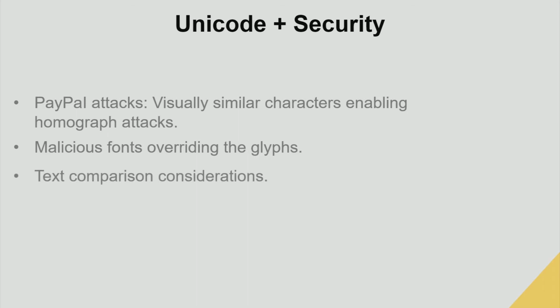And when you compare text, just make sure, because A looks like A, it's not the same A. So when you compare these strings, they probably wouldn't be the same.